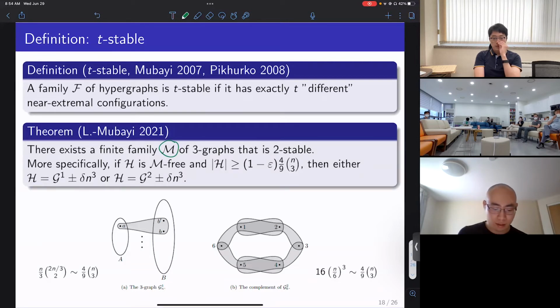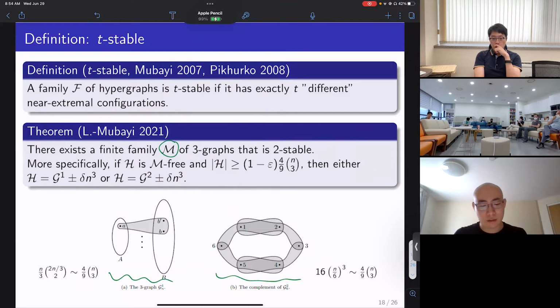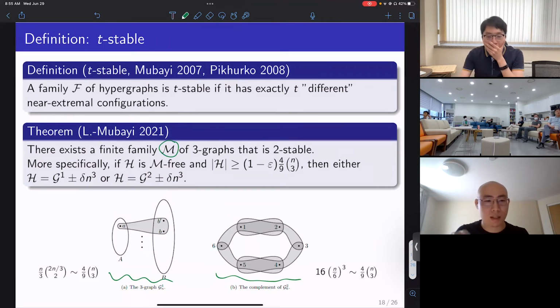So two means you need these two particular structures to approximate every near extremal construction. If you write this in the form of an Erdős–Simonovits theorem, it says, okay, if you give me any F-free 3-graph with many edges, then the structure is either close to the first construction or close to the second construction. You need two structures.